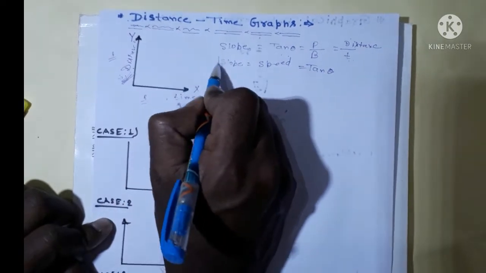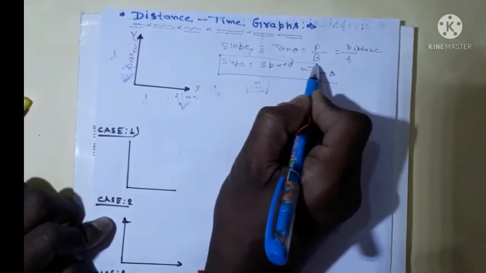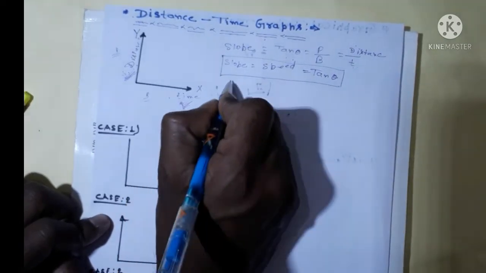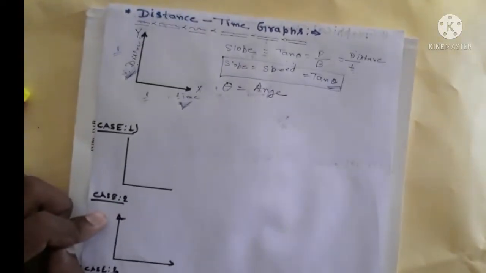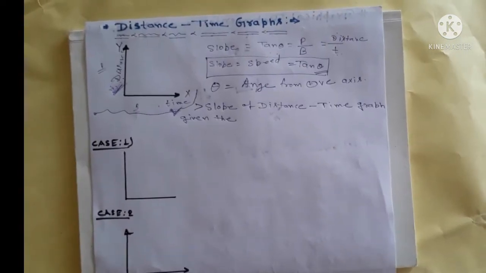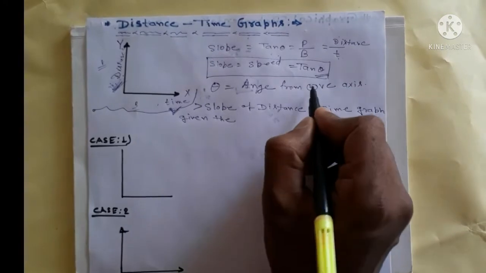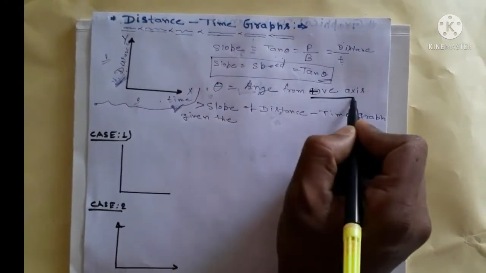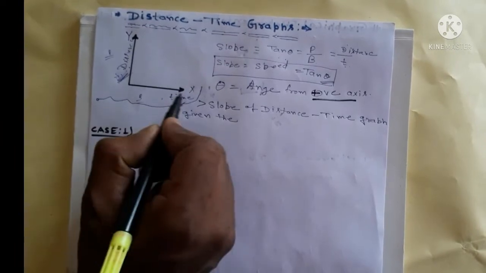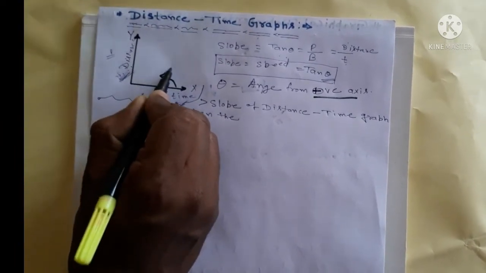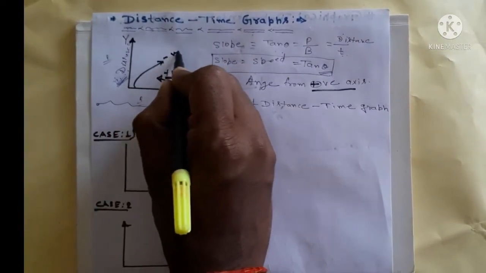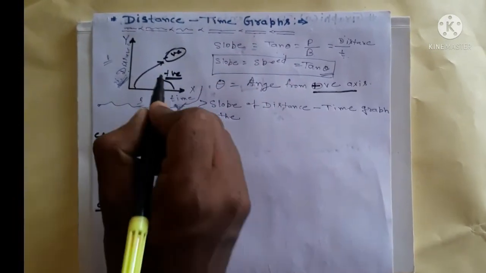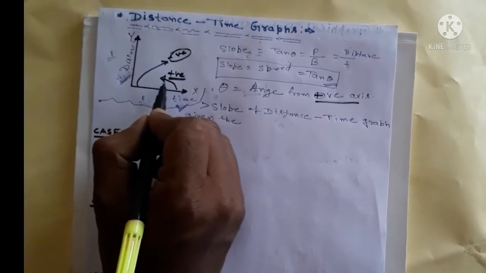In the distance time graph, slope is given as speed. The angle theta is taken from the positive axis. Suppose this is the x-axis, and this side is known as positive and this side is known as negative, but we take the angle from the positive axis.